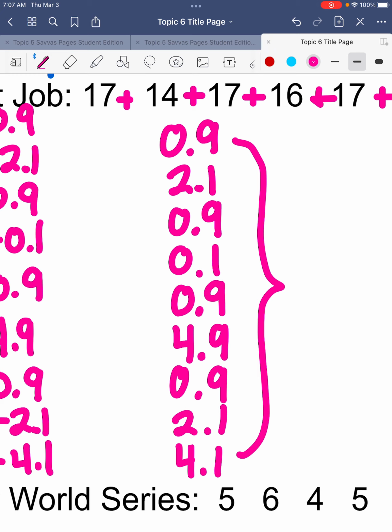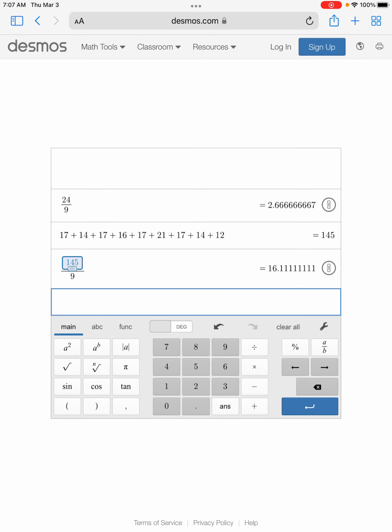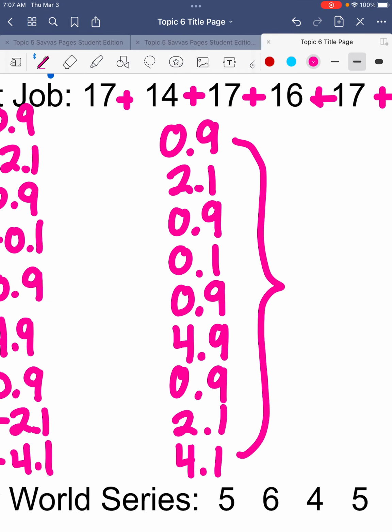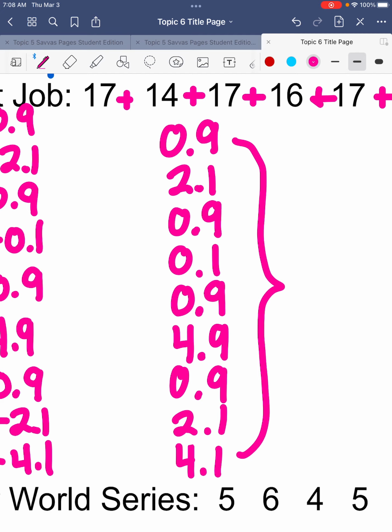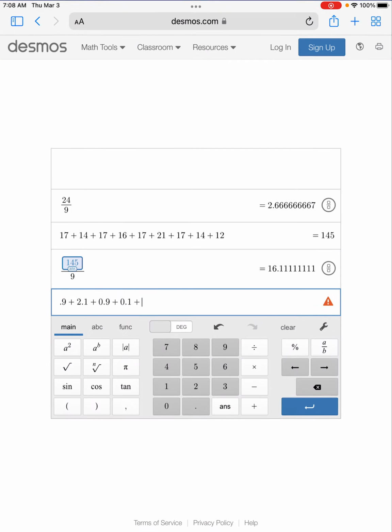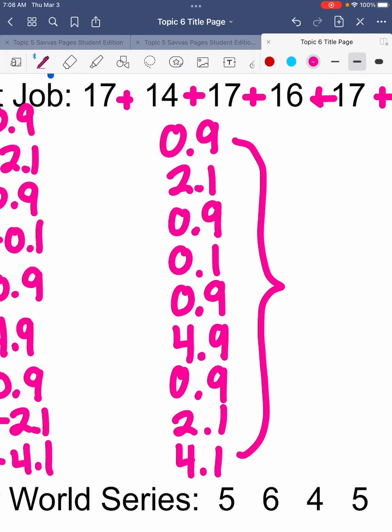So in my calculator, I've got 0.9 plus 2.1 plus 0.9 plus 0.1 plus 0.9 plus 4.9 plus 0.9 plus 2.1.